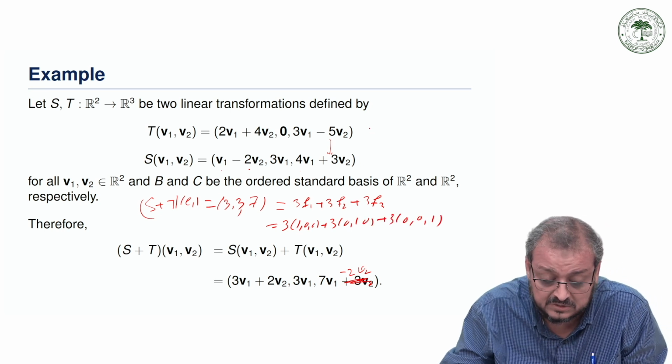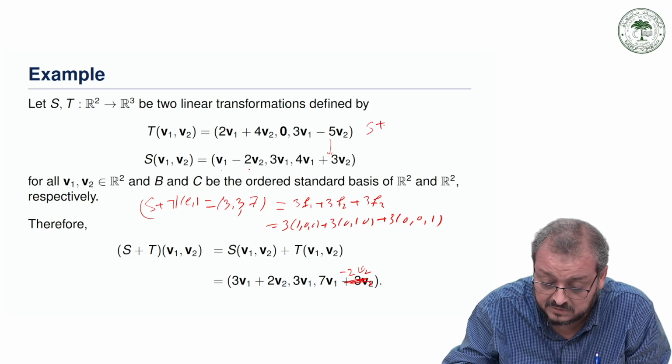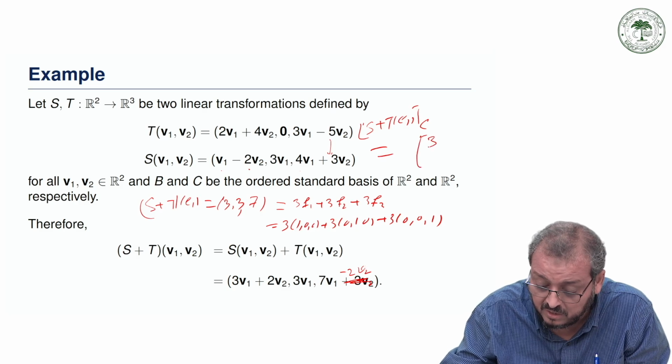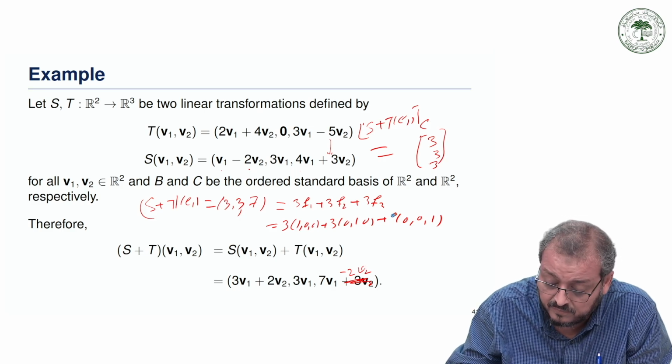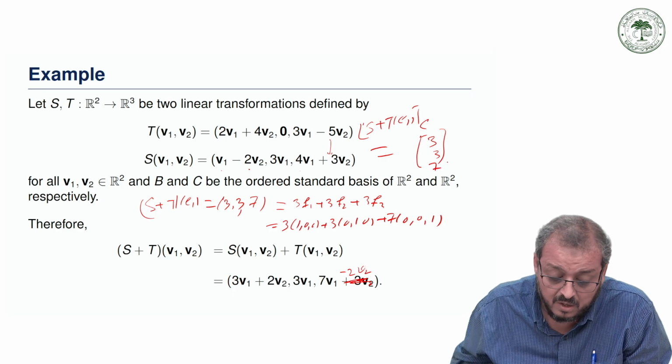So S plus T corresponding to E1 is the column vector (3, 3, 7).